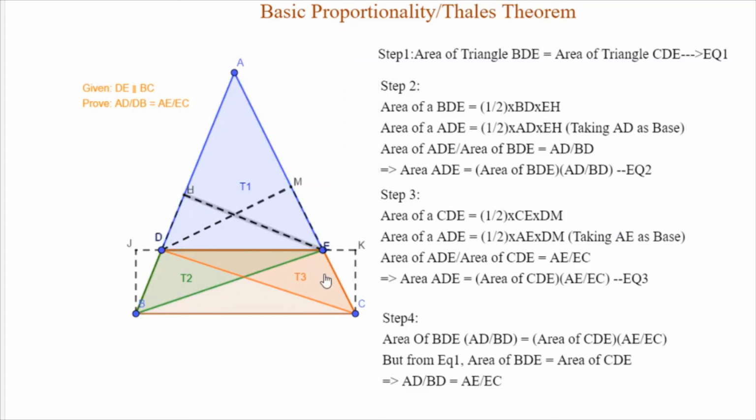Similarly, in step 3, we have again proved that the ratio of areas of triangles T1 and T3 is equivalent to the ratio of their bases AE to EC. Again, it is because both triangles are sharing the same height. And then finally in step 4, we found out that AD by BD is equivalent to AE by EC.